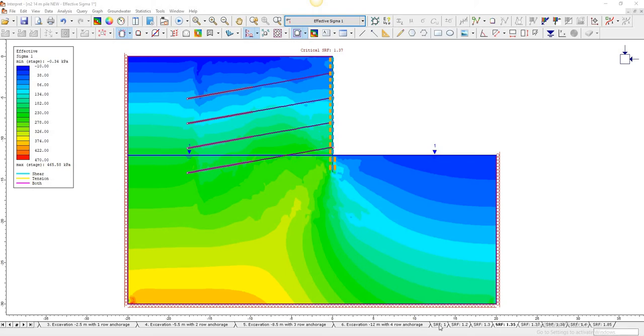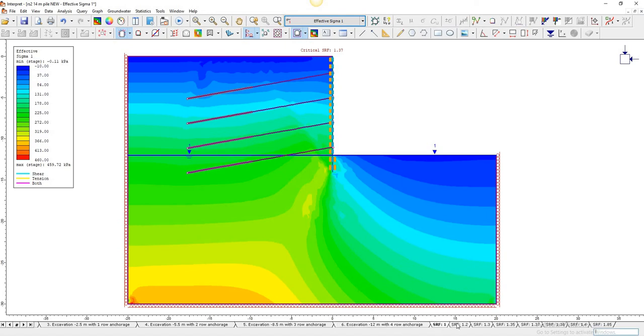And you can see here each stage tab which displays the SRF equal to 1, 1.2, 1.3 is actually related to the result where we reduce the strength to certain factors.